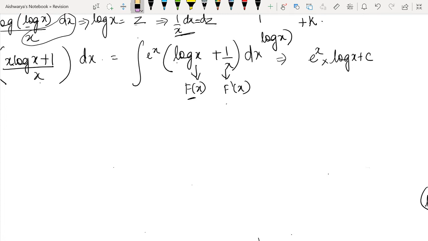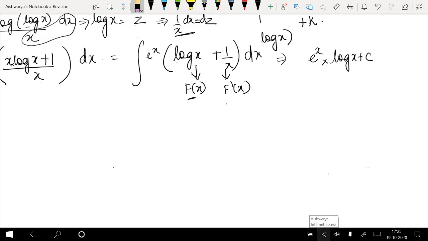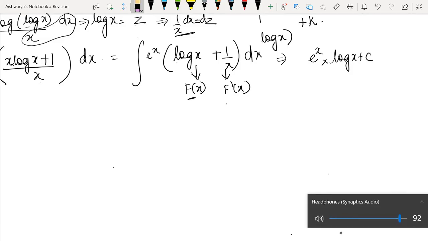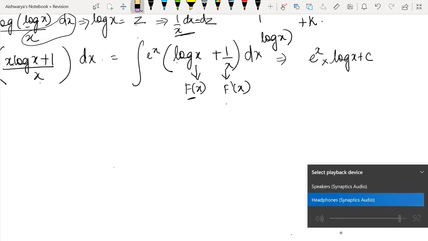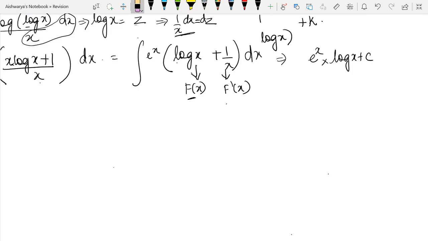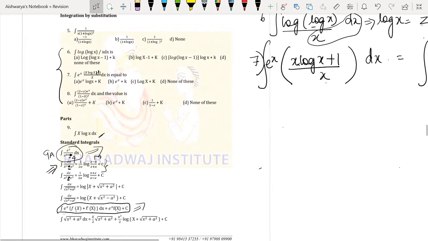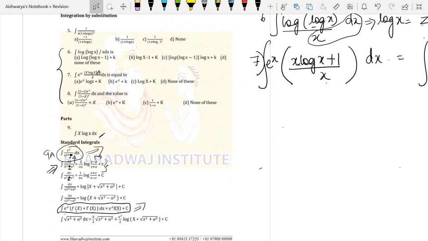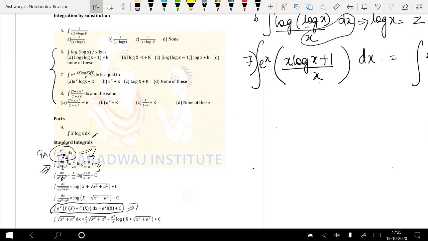Ma'am, can you be a bit louder? I think you should try increasing your volume, because what I have done is I've kept my system on 100% volume with headphones. So you should have good audio, unless you check your system volume also once. Okay? Is the problem there for everybody?